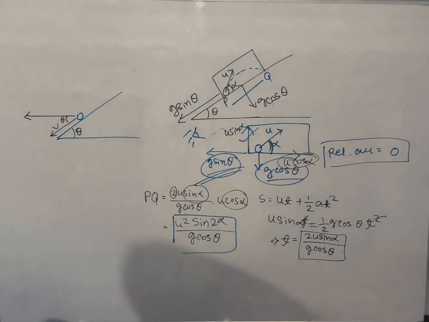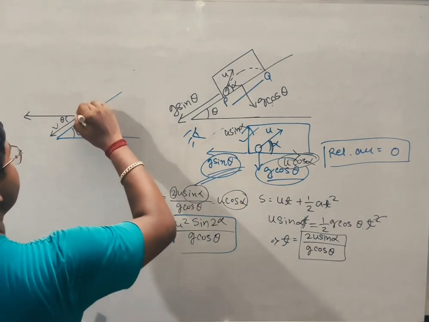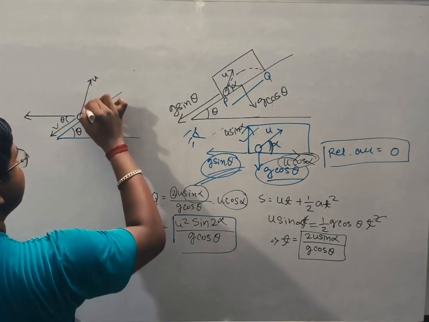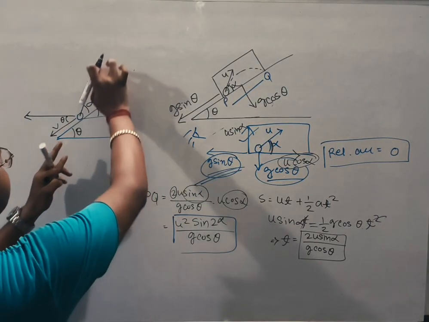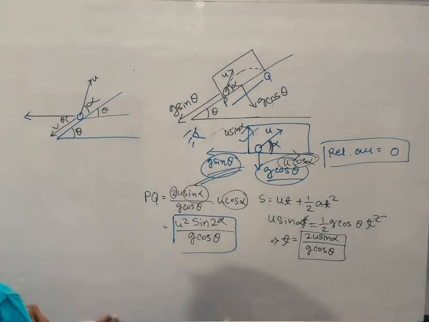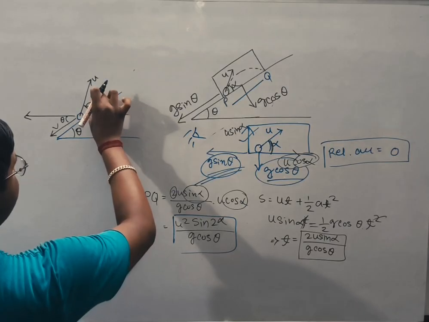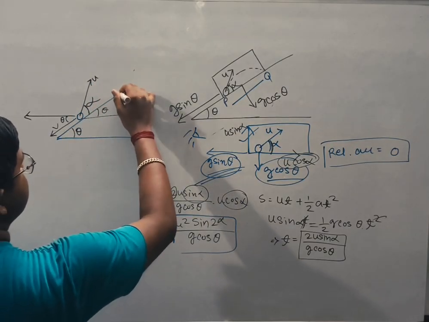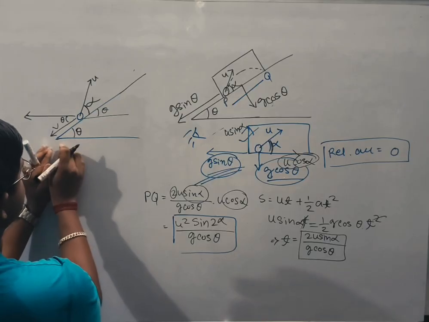The angle is also theta, and at that moment he got the velocity u in this direction, at angle alpha with the inclined plane, and the inclined plane is at angle of inclination theta with respect to the ground.